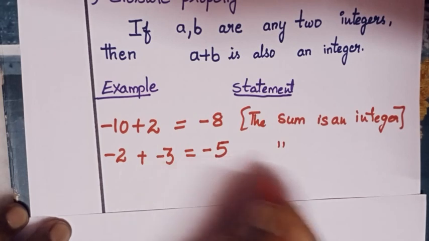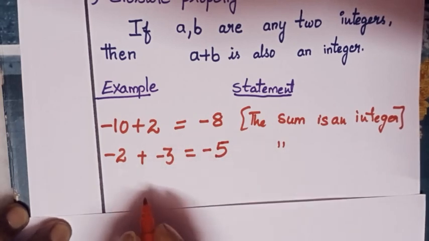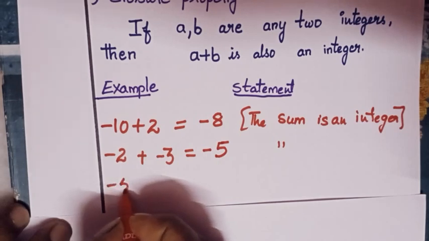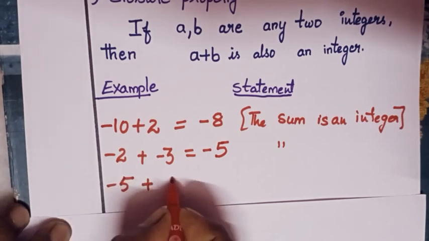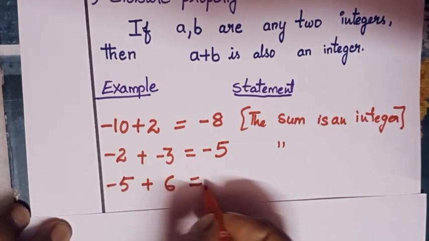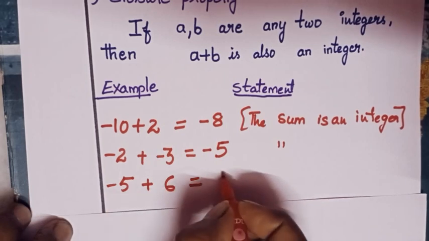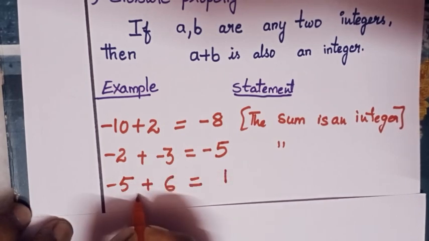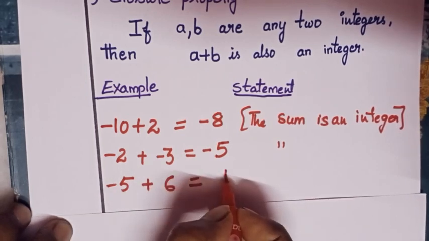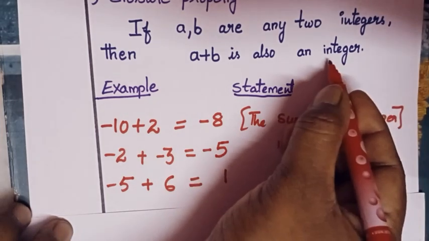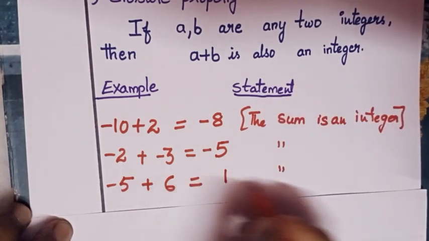Let us take one more example, children. Minus 5 plus of 6. So minus of plus, minus. 6 minus 5, 1. So positive integer. So 1 is also an integer only. The sum is also an integer.